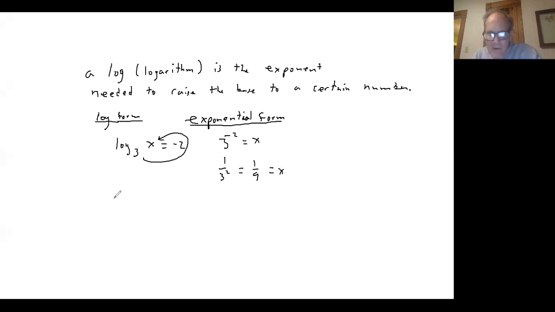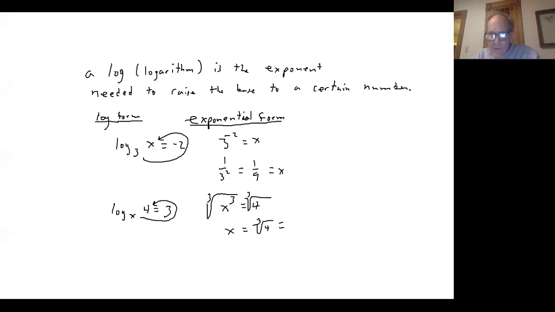Or suppose I had something like this: log base x of 4 equals 3. That's a pretty hard one to think about. X to the third equals 4. Now, what will that be? Well, if we take the inverse operation, the cube root of x cubed is x, so there's my answer, the cube root of 4.